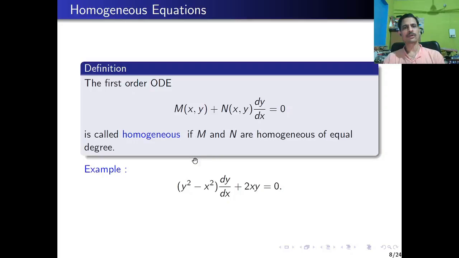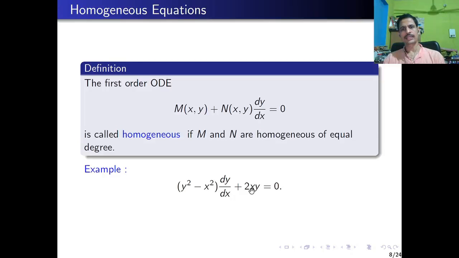So if you have a homogeneous first order ODE, then we can solve it by a method that I'm going to explain now. Look at this example. Here M of x, y is 2xy and N of x, y is y squared minus x squared. So what is the degree of homogeneity of M of x, y?